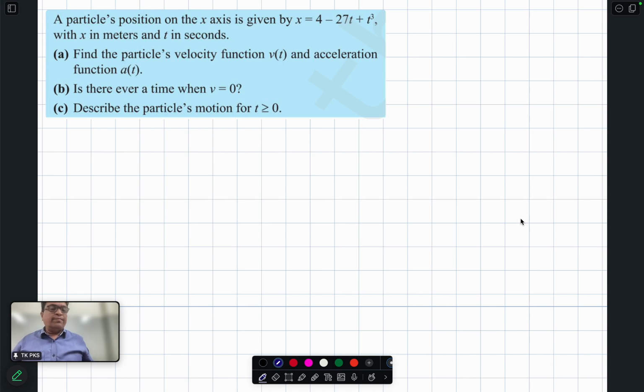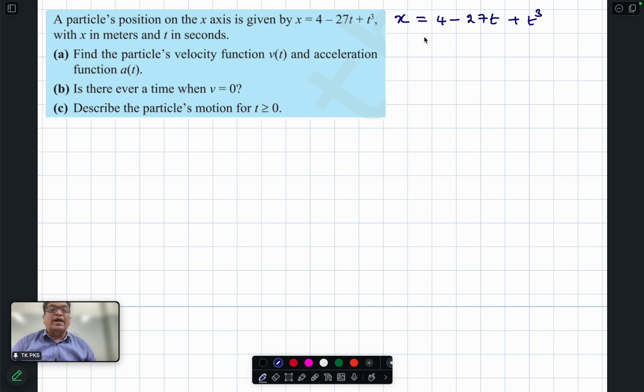First thing, what do you want? Our equation is x is 4 minus 27t plus t cube. Can anyone help me in understanding what is velocity in this case? Manvit, can you please help me in writing what is velocity in this case?